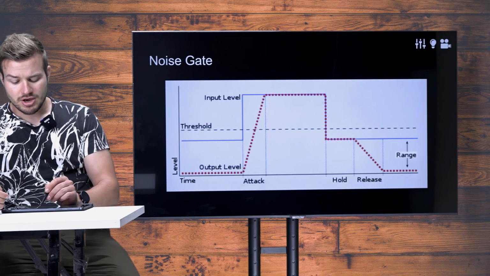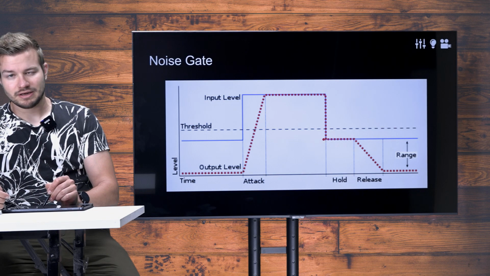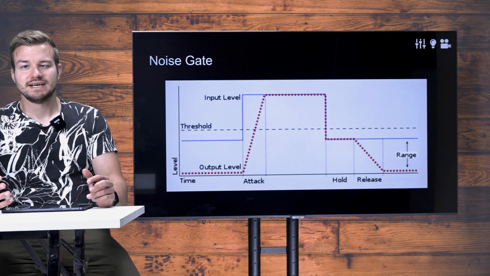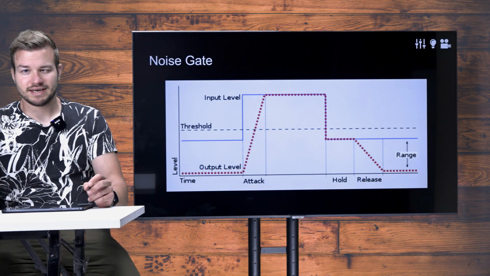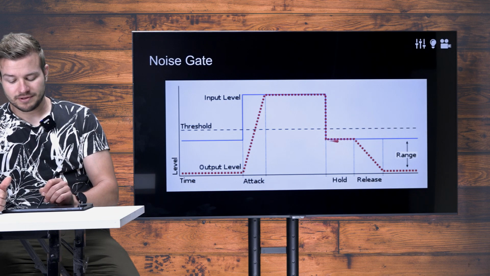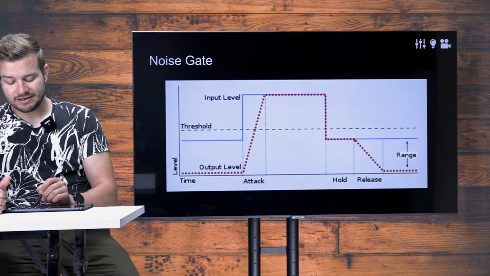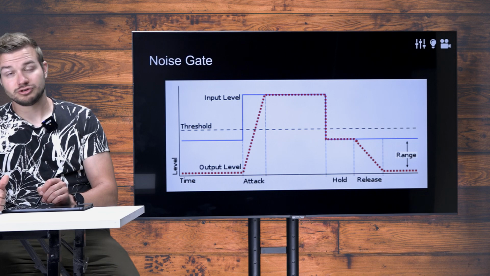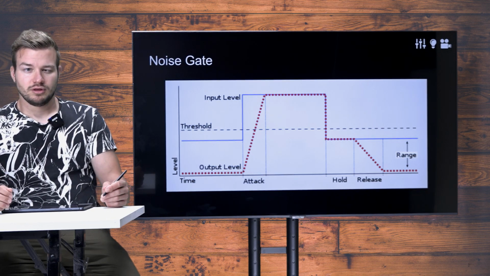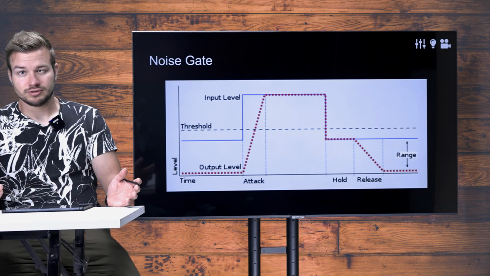At the point where the signal drops again below the threshold, we have the hold parameter, which says how long it takes for the gate to close again. We keep the signal on for the hold time, and then during the release time, we turn down the signal again. This is when the gate closes again.